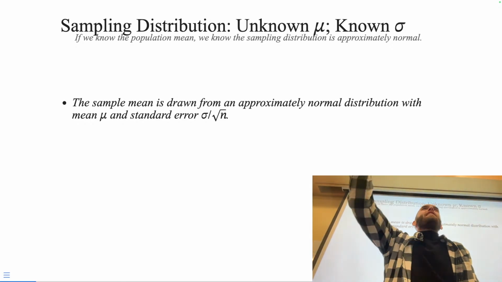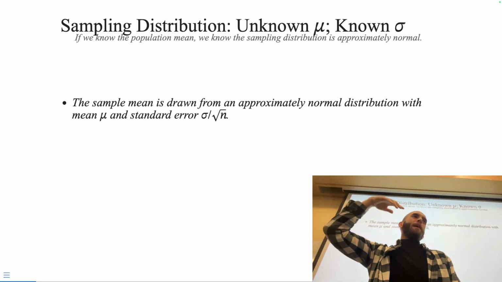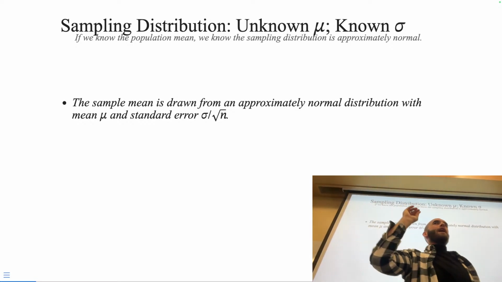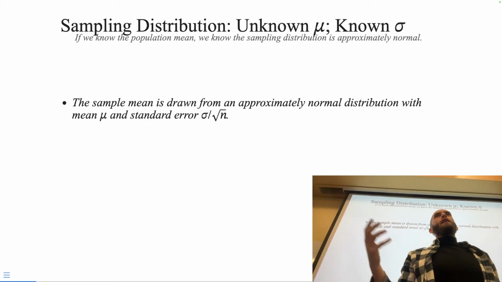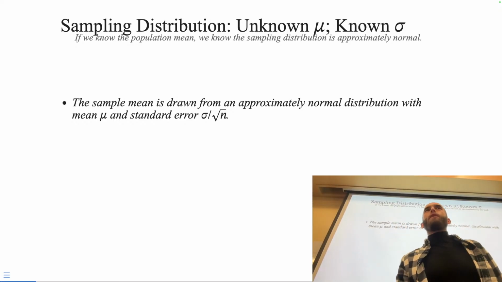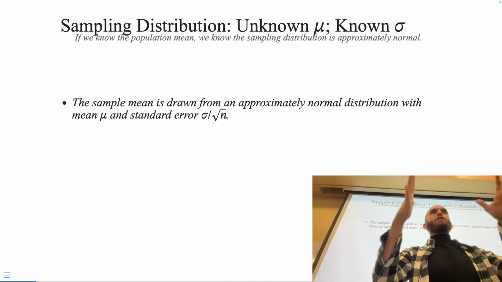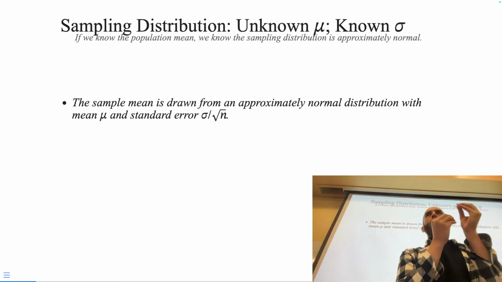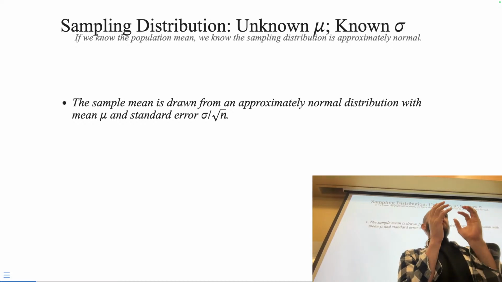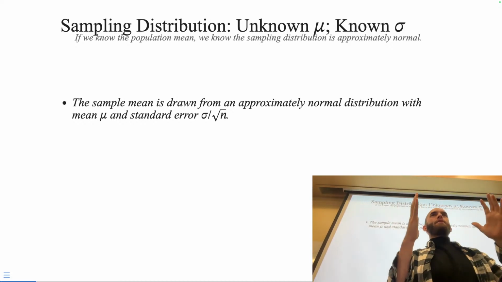I just toss this equation out to you without a lot of justification, but you may have seen some of the intuition for this. As the sample size gets larger, the variability just gets smaller. And so we can show mathematically that it must be the square root of n as the sample size grows.